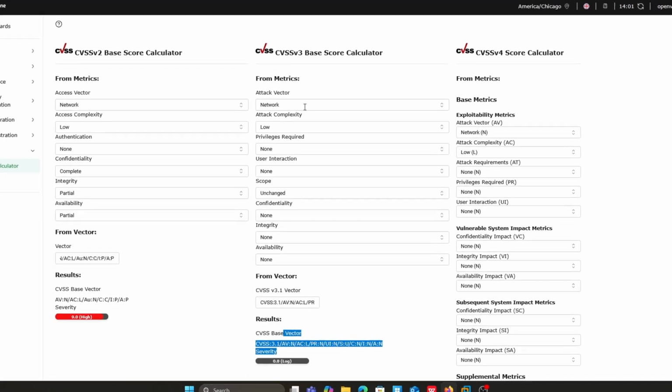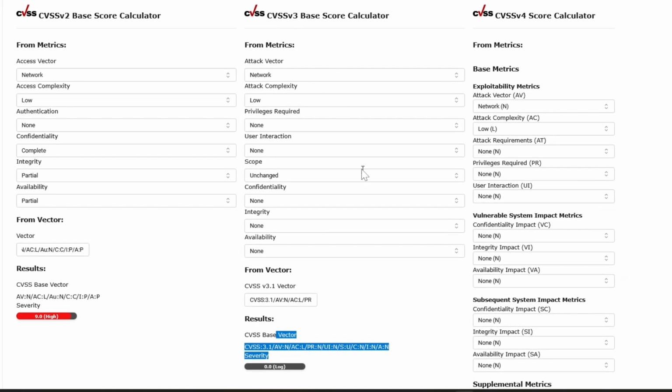Similarly, version 3.1 or 3 was created. Here attack vector, complexity, privileges required have been added, user interaction has been added, scope has been added, confidentiality, integrity, and availability are as they are. So a few more things were required to consider for the exact level of vulnerability, so that we can get a more concise, more mature, and more to the point answer.